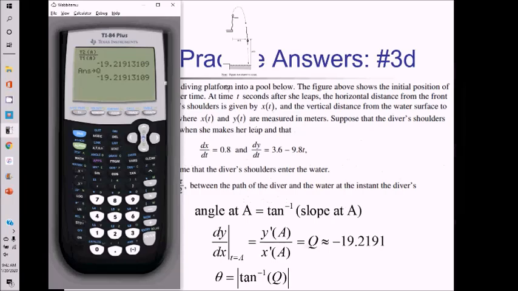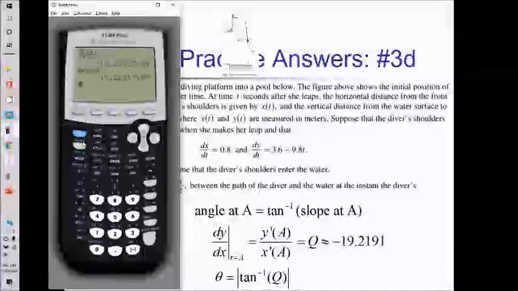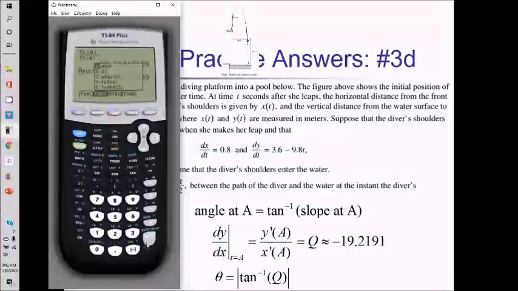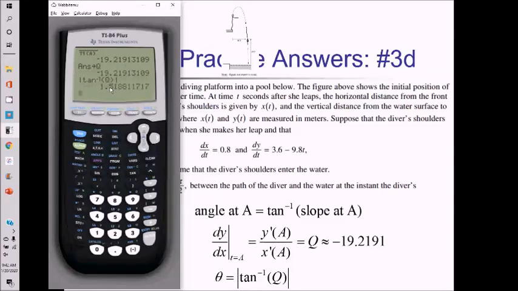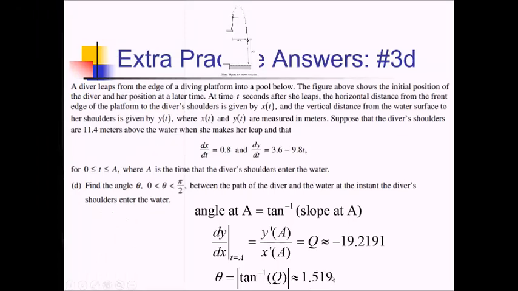And going back to the calculator, let me do, let's see, alpha window to get absolute value. And then we need tan inverse, so second tan and q. Alpha q, there we go. Close that parentheses. And all of that is coming out to about 1.519, which is somewhere between 0 and pi over 2. Pi over 2 is about 1.7 and change.